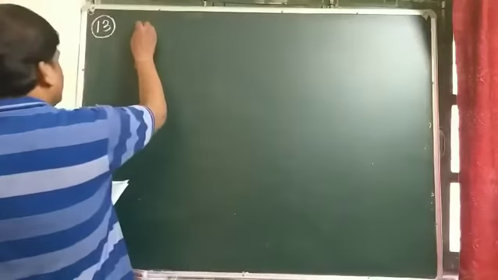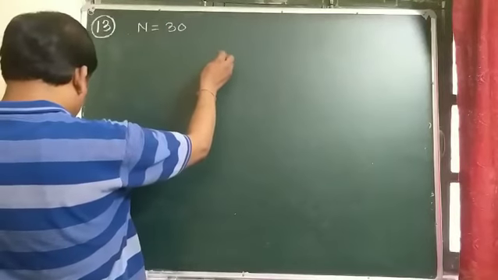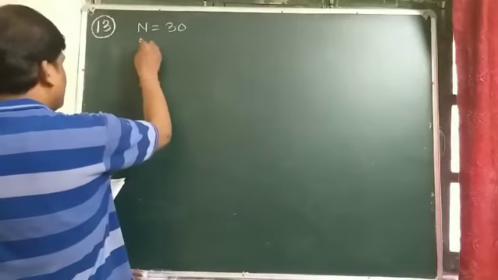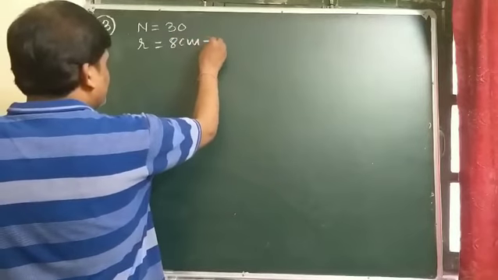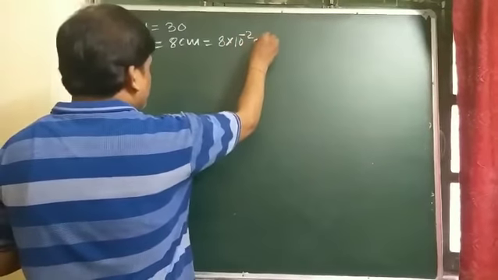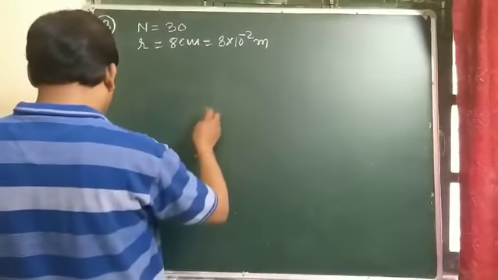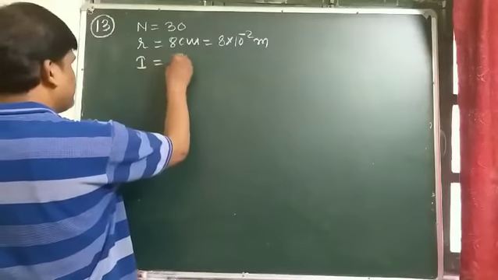The values given: number of turns is 30, radius is 8 centimeter, which can be converted into meter, so 8 into 10 to the power minus 2 meter. Current given is 6 ampere.